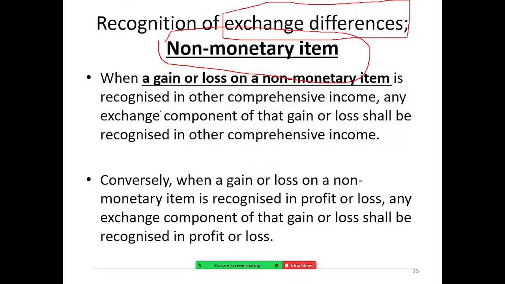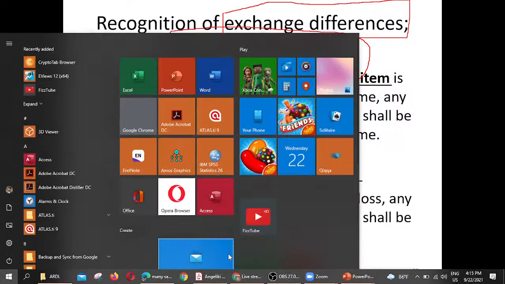When a gain or loss on a non-monetary item is recognized in other comprehensive income, for example revaluations, any exchange component of that gain or loss shall be recognized in other comprehensive income. Likewise, when a gain or loss on a non-monetary item is recognized in profit or loss, any exchange component of that gain or loss shall be recognized in the profit or loss account.